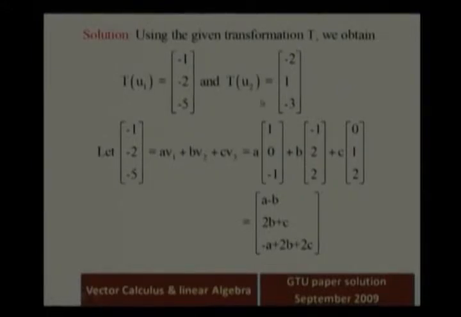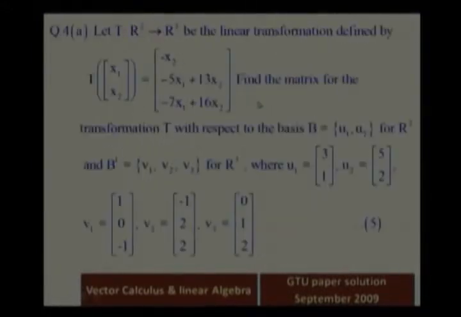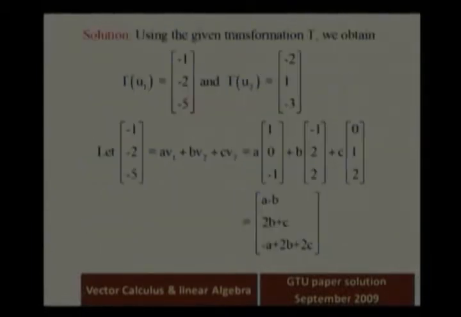T of u2. What is T of u2? u2 is equal to (5, 2). So T of (5, 2) is equal to minus 2, then minus 5 into 5, that is minus 25, plus 13 into 2, that is 26. So minus 25 plus 26, that is 1.